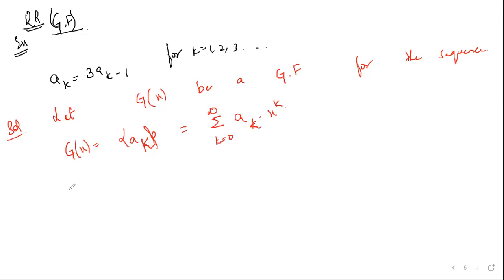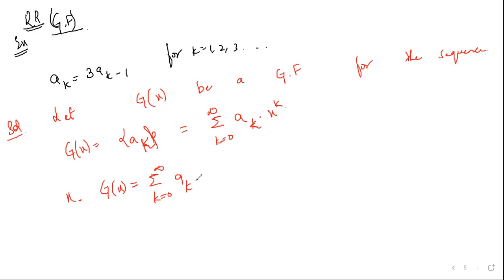Now first we have to note what will be x into g of x. X into g of x will be the sum over k is equal to 0 to infinity. If I am multiplying with x, it will be x power k plus 1.